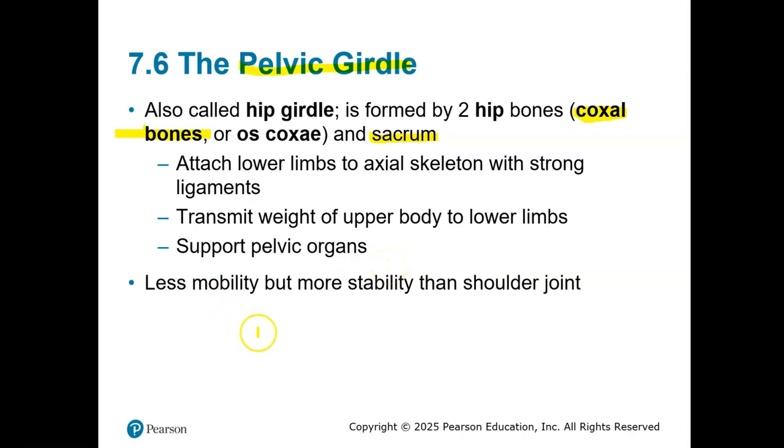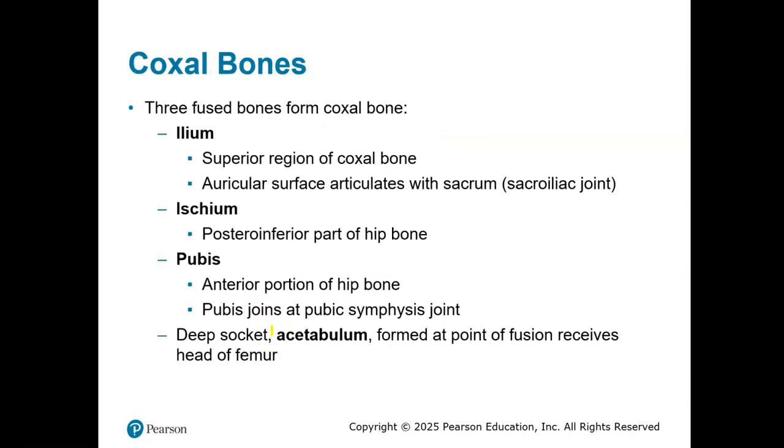The hip joint in general has less mobility than the shoulder joint, but a lot more stability. The fused bones that form the coxal bones are the ilium, the ischium, and the pubis. I also want you to know the acetabulum, which is the socket that holds the head of the femur at the hip joint.